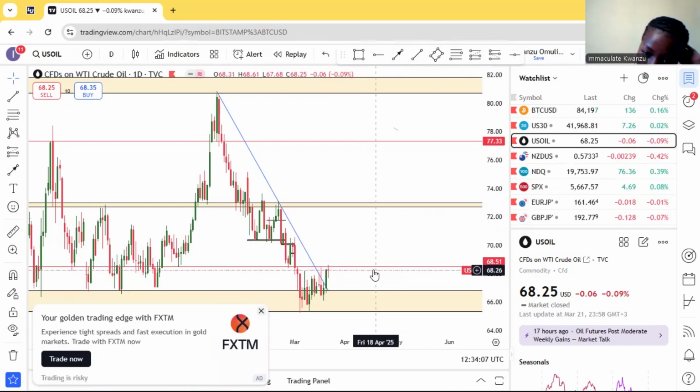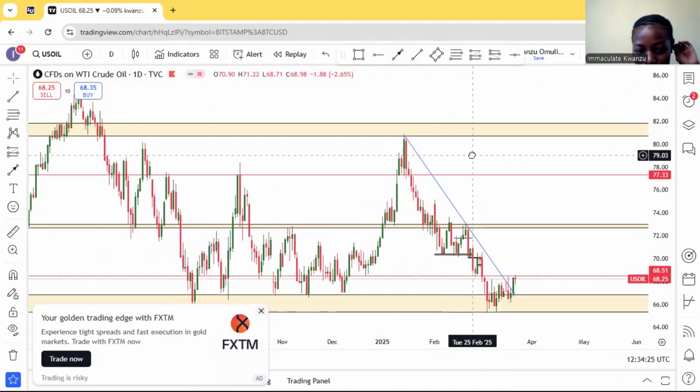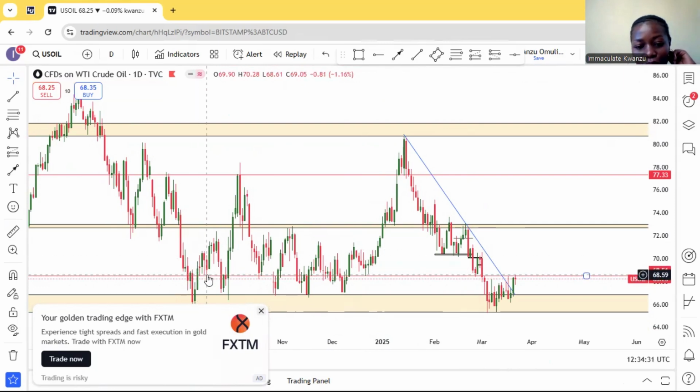However, this level can pretty much hold oil downwards because as you can see, we keep getting rejected at this level. So it's pretty much significant. Even when you look back, you realize that this level was a pretty strong support level for price.